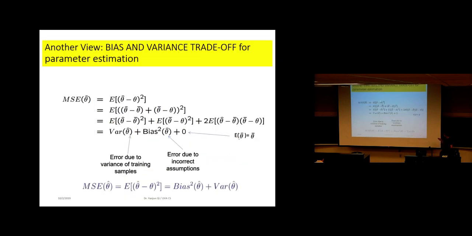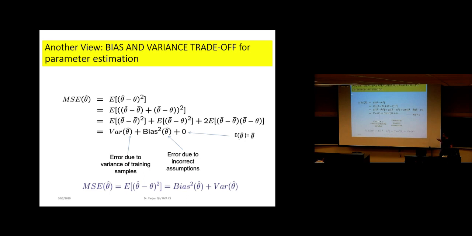Now you can also have another view. Rather than just seeing how the prediction compares to the true y, you can also look from another angle, which is the parameter estimation. Because we always assume there's a true model, right? What represents the true model? The theta can be thought of as a random variable too.